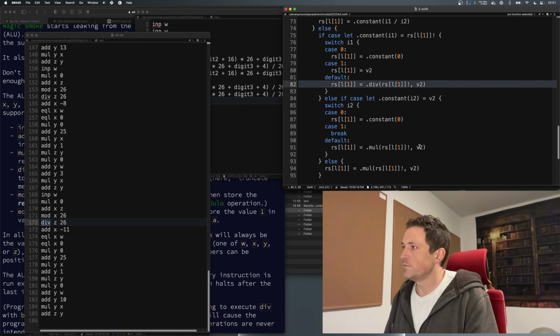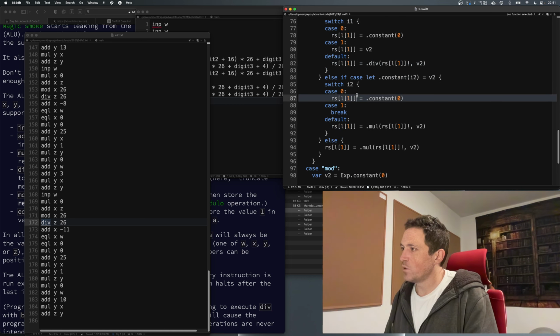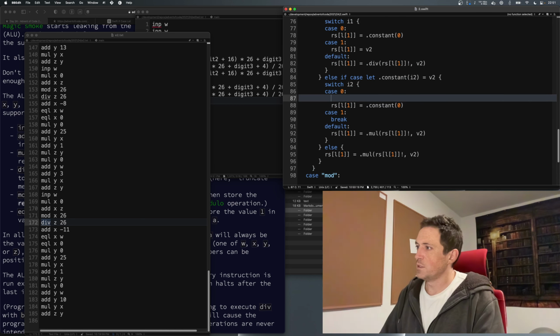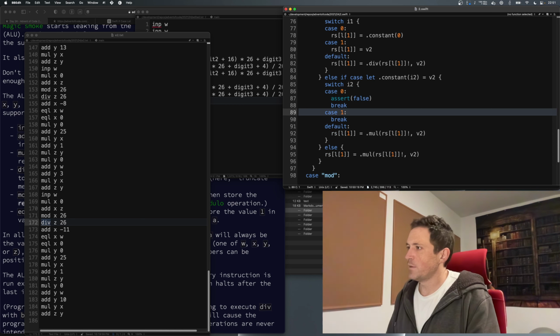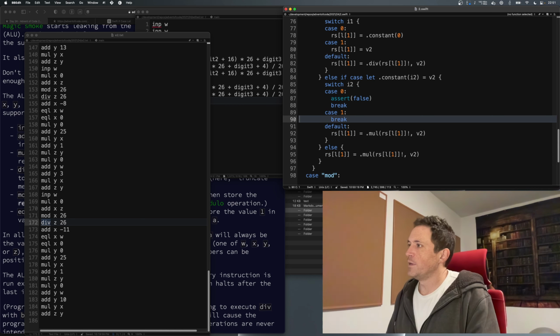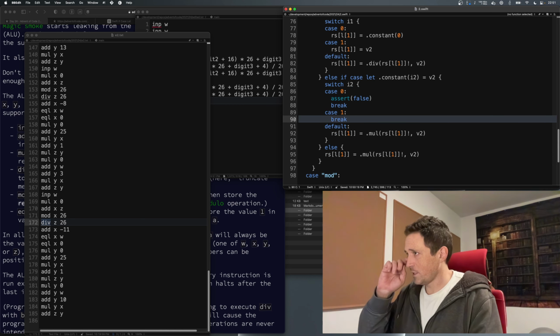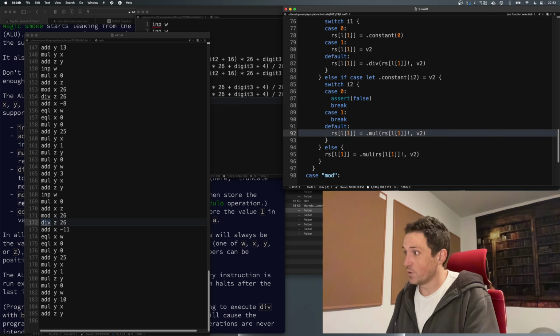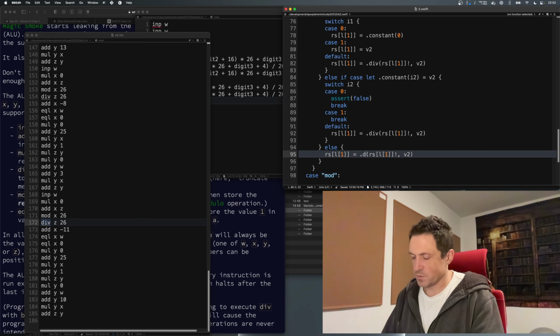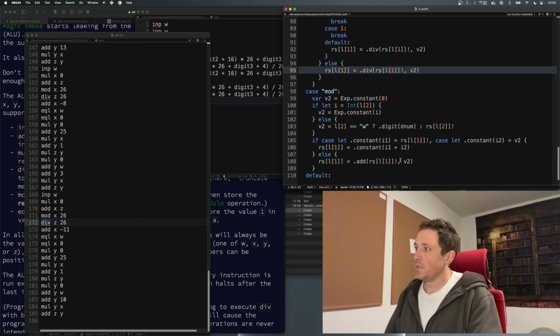So we do a div. If the second one is 0, then something bad is happening. If the second one is 1, yeah, then we break just as before. And this is just a div. Otherwise, we just build ourselves a div.